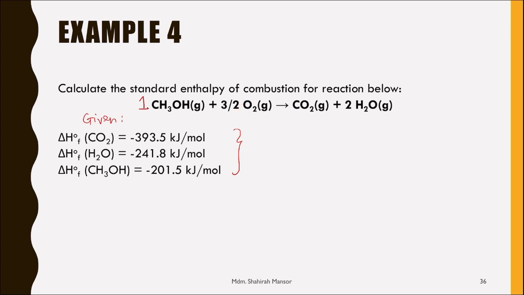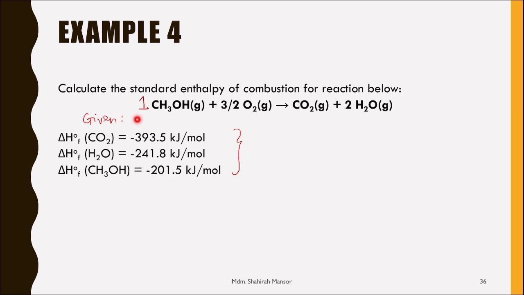So the 1 mole will be on this reactant. Anytime we have 1 mole referred to in our definition, your final answer for that standard enthalpy of combustion will become kilojoule per mole. Why is it per mole? Because we are referring to 1 mole according to the definition.